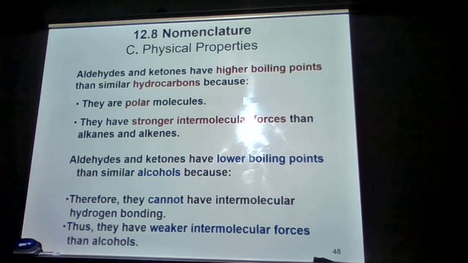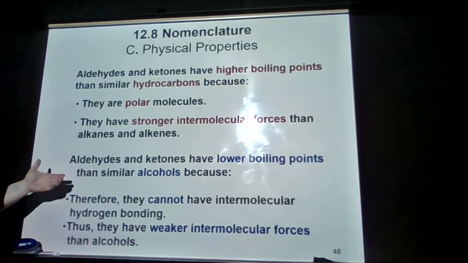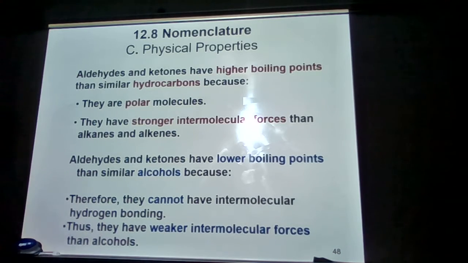Aldehydes and ketones have lower boiling and melting points than alcohols because they do not have the proper structure for hydrogen bonding. They have weaker intermolecular forces than alcohols. They have lower melting and boiling points than alcohols, but higher melting and boiling points than the corresponding alkanes.